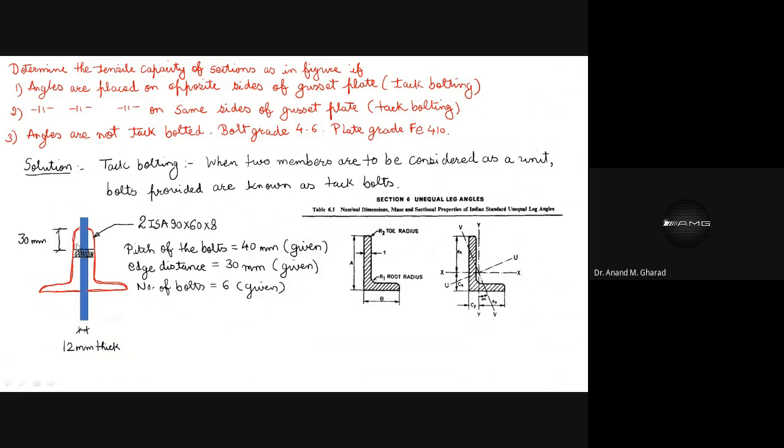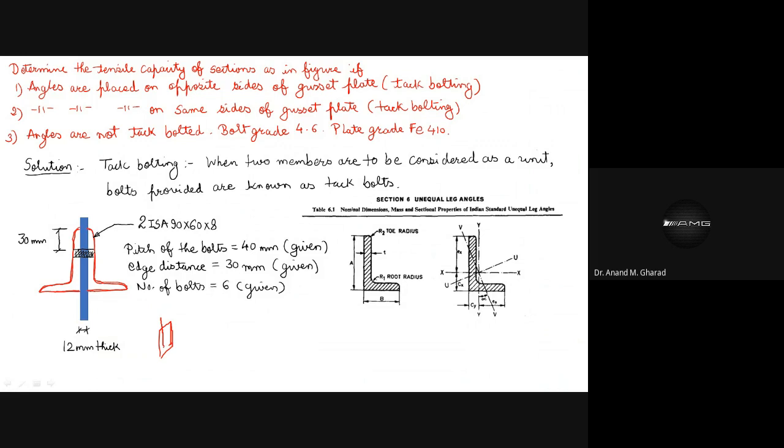As you can see, this is one angle, this is the second angle, and they are on the two sides of this gusset plate. I hope you have understood. It is something of this sort. This is the gusset plate, sorry, the gusset plate is like this, straight.